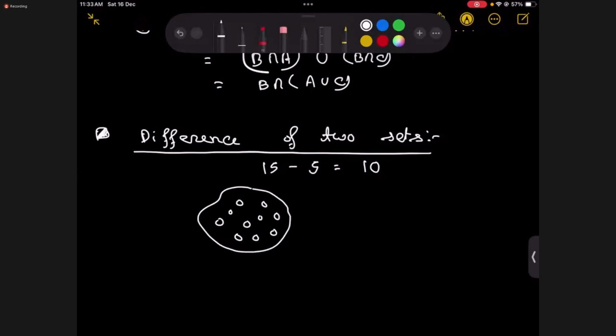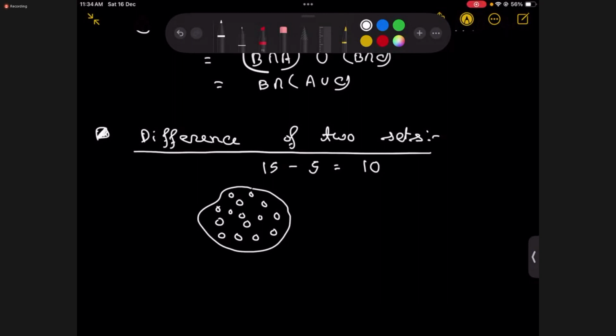Okay, how many are there? 1, 2, 3, 4, 5, 6, 7, 8, 9, 10, 11, 12, 13, 14, 15. Okay. So here we have 15 mangoes in a container or in any pot, and we are taking out 5 particular mangoes from here.